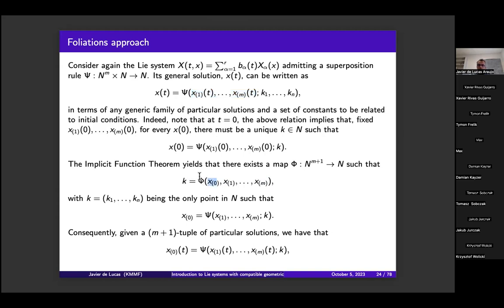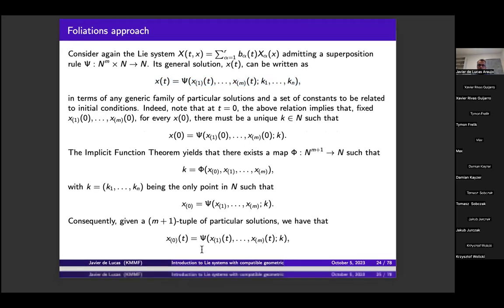And this is the function. Only that you see that this phi will be a constant on particular solutions. When you pick up certain n+1 particular solutions here, this phi will give you constants. Indeed, remember that if you invert this, for all the points of x(t), you put it here like the 0 component, this will go out and you will have always the same constant.